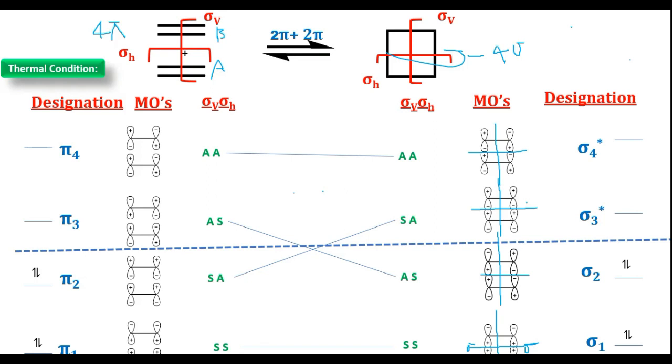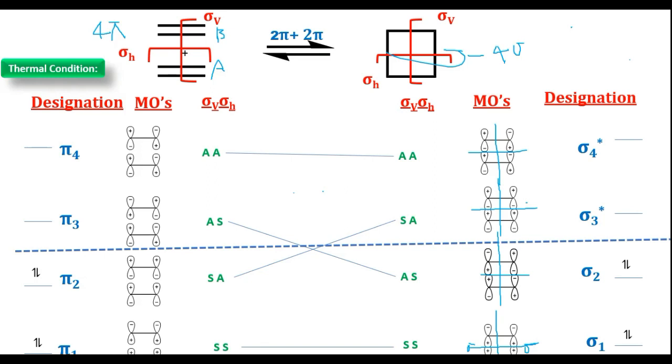That means these are crossing, violating the non-crossing rule. That's why under thermal condition this reaction never takes place. That means the cycloaddition of two ethylene molecules never takes place thermally.